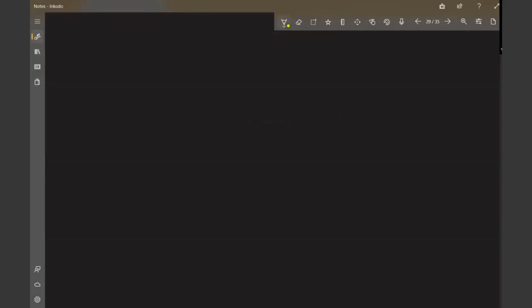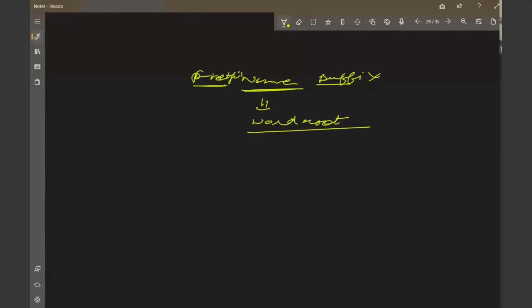Whenever any compound in organic chemistry comes, it has two parts: a first name known as the prefix, and the main name known as the word root.